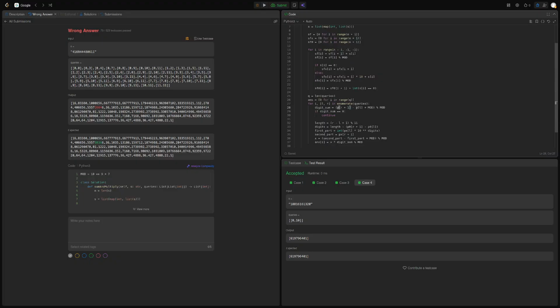Now, how to get the digit sum from L to R? Well, I get the suffix of L, and I subtract the suffix of R plus 1. Okay, simple enough. And the question is, do we need that?